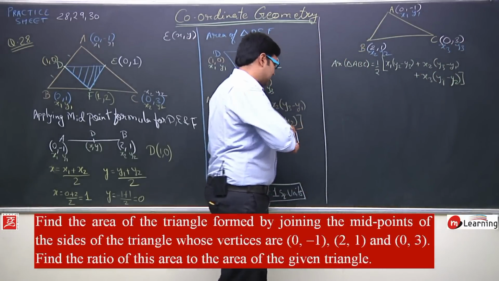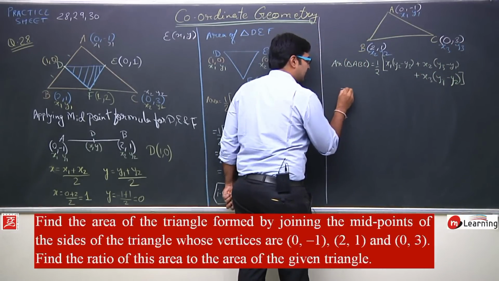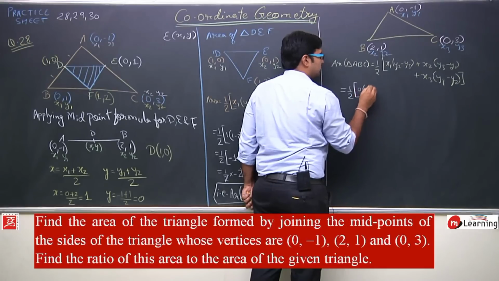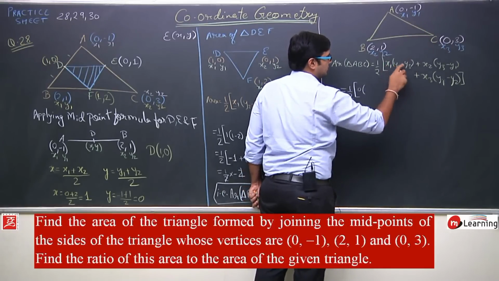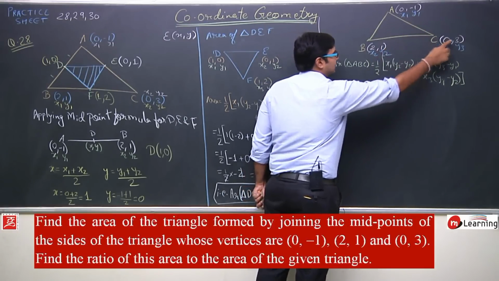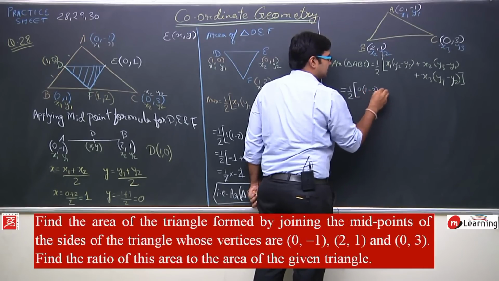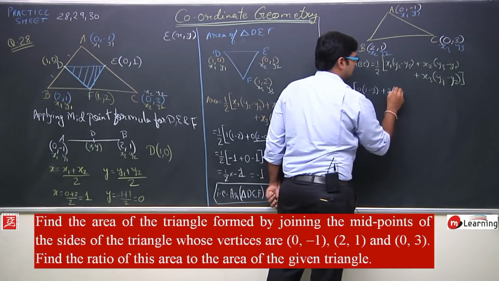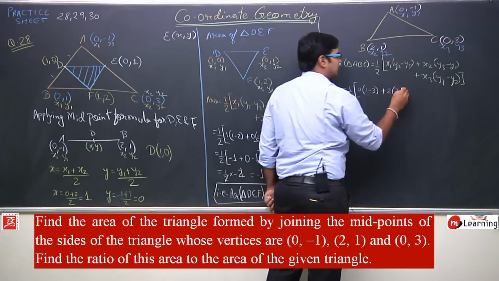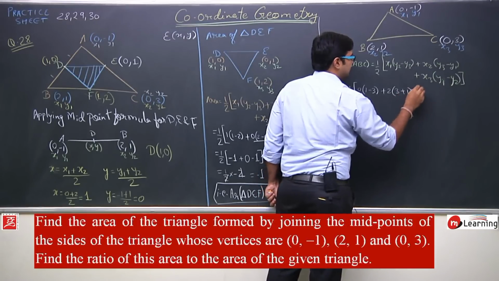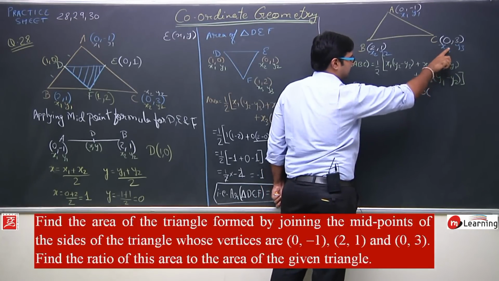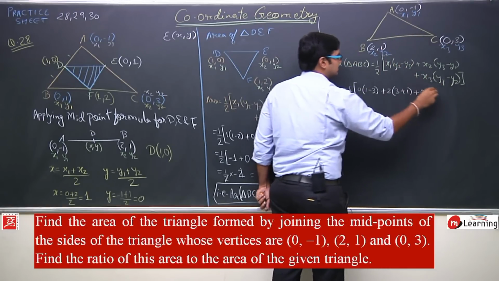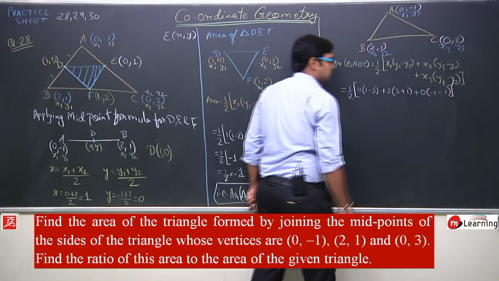So by substituting these values you will get area is equal to half of the bracket x1 is 0 times the bracket y2 minus y3, y2 is 1 and y3 is 3, so 1 minus 3, plus x2 is 2 times the bracket y3 is 3 minus y1 is minus 1, so it will become plus 1, plus x3 is 0 times the bracket y1 is minus 1 and y2 is 1, so minus of 1.